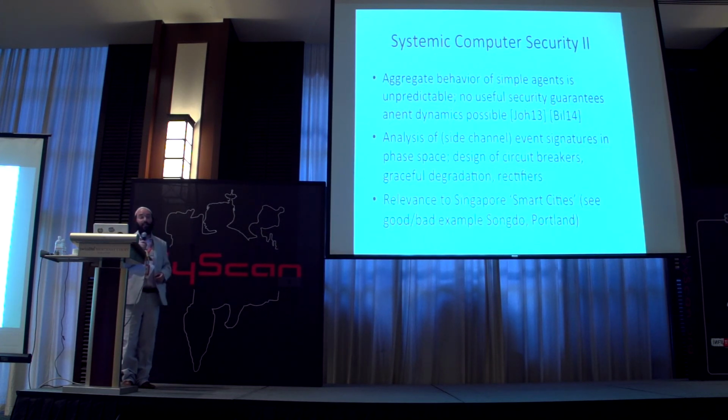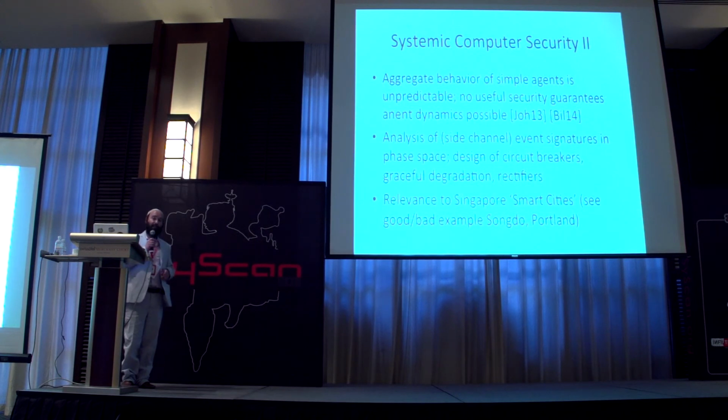So I'm thinking you can use these detection techniques that I delineated there to find these event signatures in the phase space. Since you cannot predict what will happen in the future, what you have to do is try to detect certain abnormal patterns before it actually comes to a head.